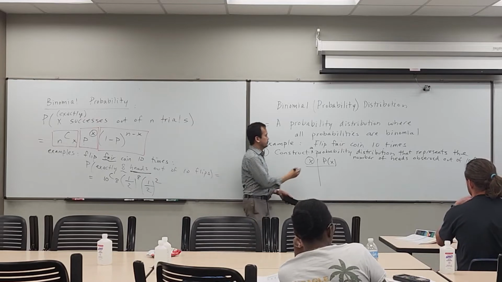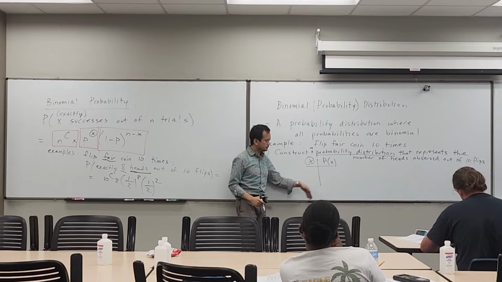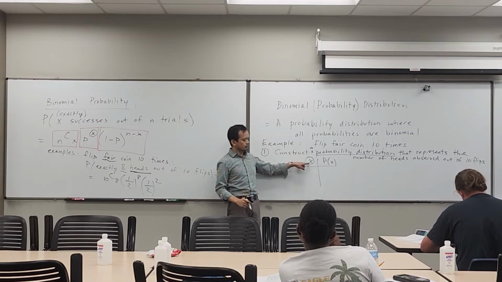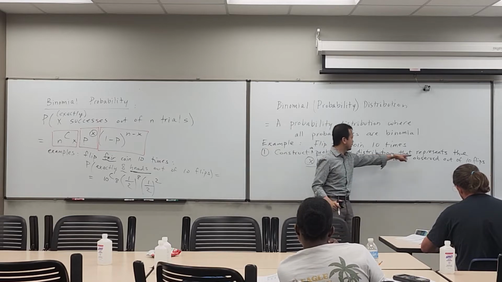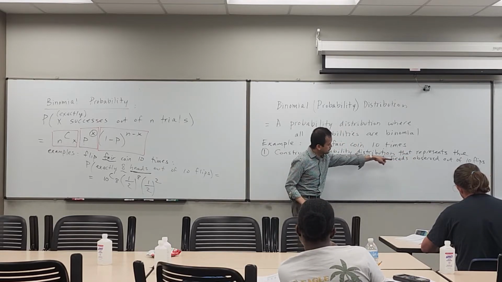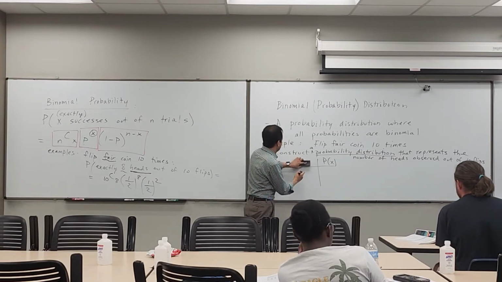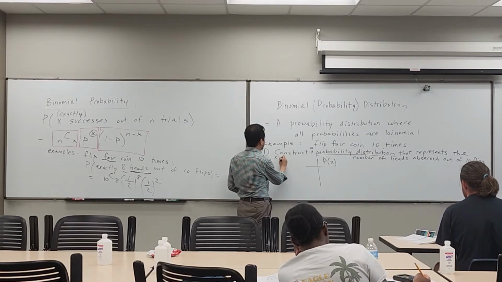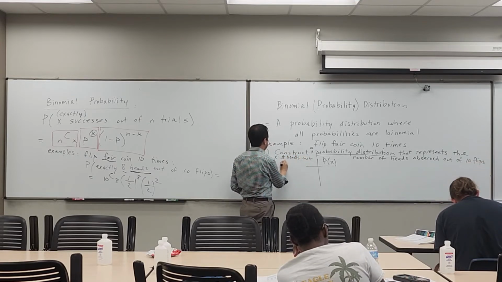So basically, a probability distribution can be represented as this table of two columns, where one column is your variable of interest. In this case, the variable of interest represents the number of heads observed out of 10 flips. So x here is the number of heads out of 10 flips.